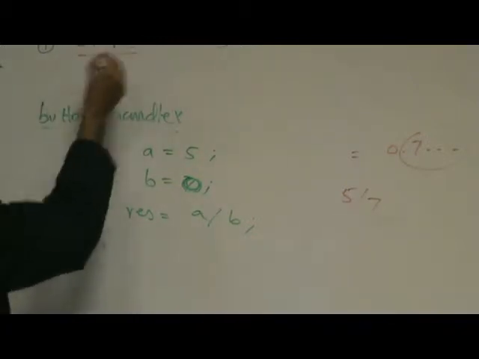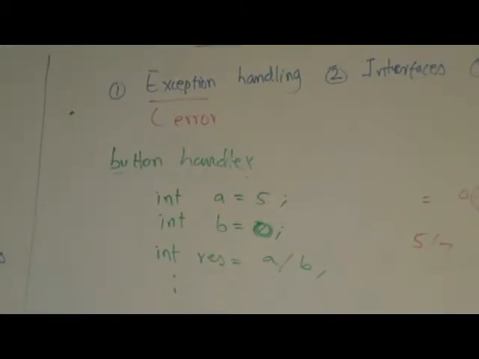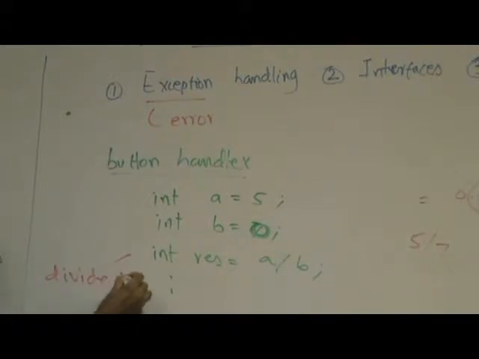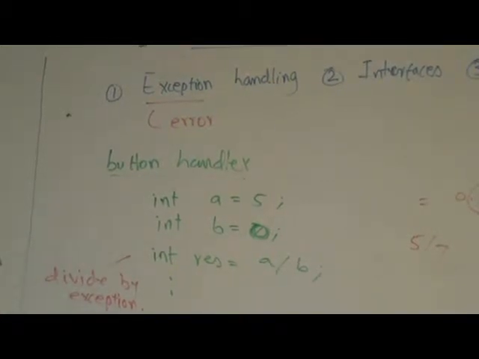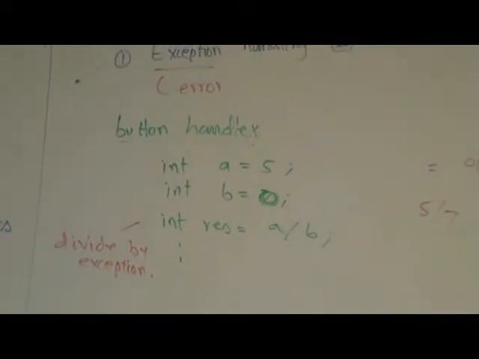See, exception is another word for error. So you'll get an exception saying divide by 0 exception occurred. As a professional software developer, you never want to write a program where, depending upon what the user does, it crashes.